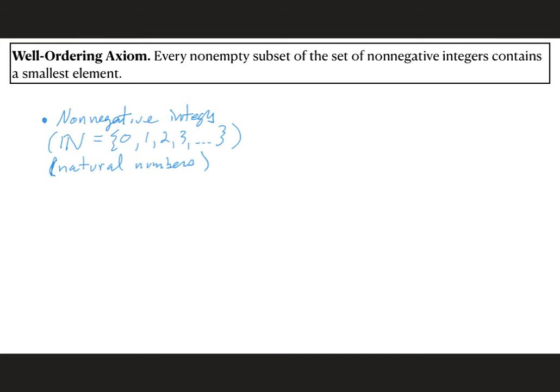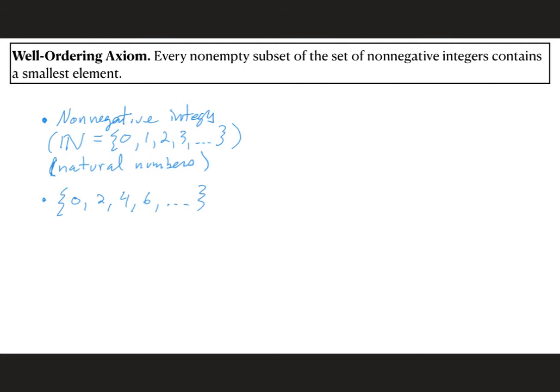Now, that set has a smallest element, right? It has 0. Now, what the well-ordering axiom is saying is if I take a subset of the non-negative integers, for example, I could take just the even non-negative integers like this. Well, that is a non-empty subset of the non-negative integers, so it should have a smallest element.